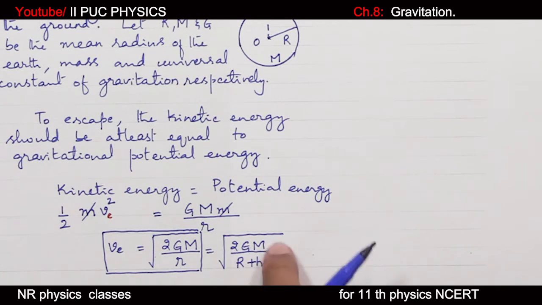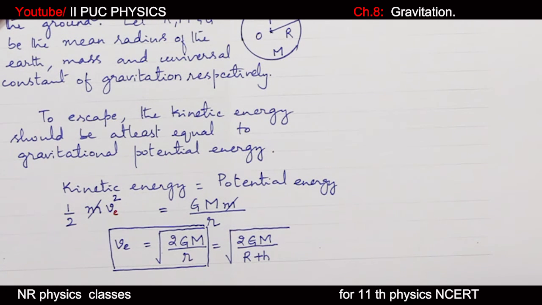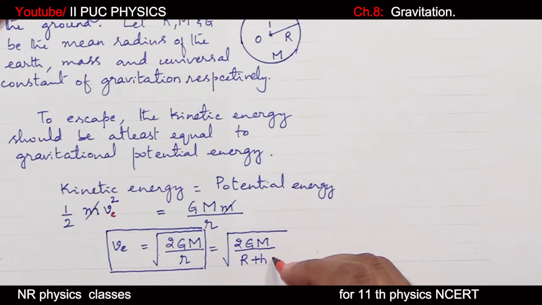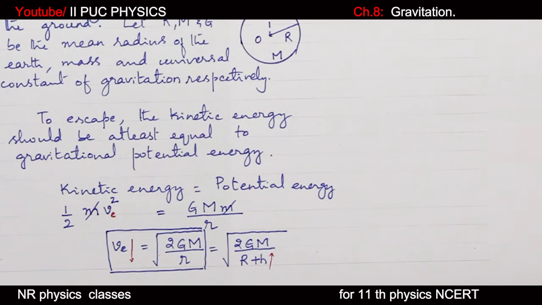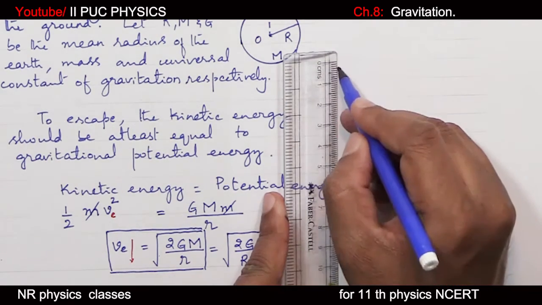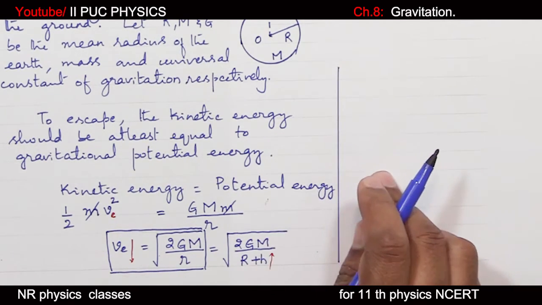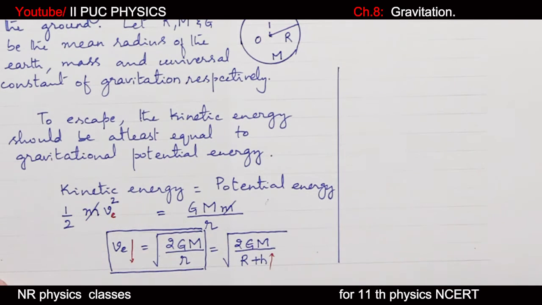Again, observe, escape velocity is independent of mass of the object, and with the increase in h, with the increase in height, escape velocity decreases. So these are the two observations.